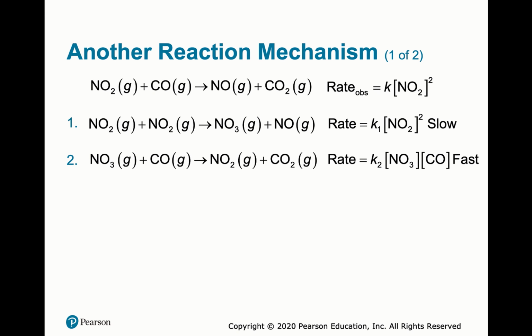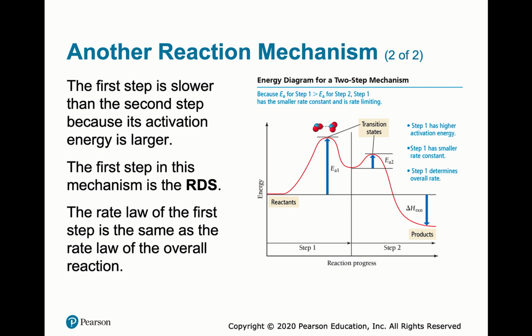And so we can say, okay, this is a proposed reaction mechanism where you have a bimolecular reaction to form nitrogen trioxide plus nitrogen monoxide, a slow step, and the nitrogen trioxide is an intermediate reacting with carbon monoxide to then form nitrogen dioxide plus carbon dioxide. So you can see that a reactant is also generated back in this. But this is a proposed mechanism. Does this meet the overall reaction order?